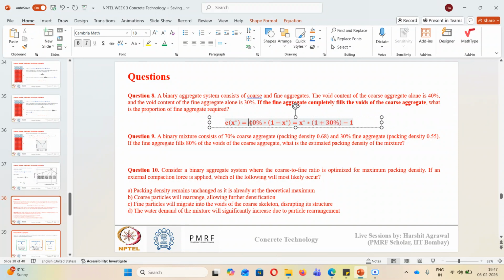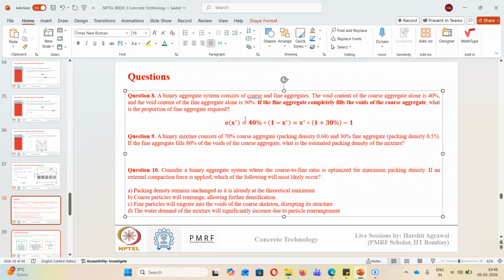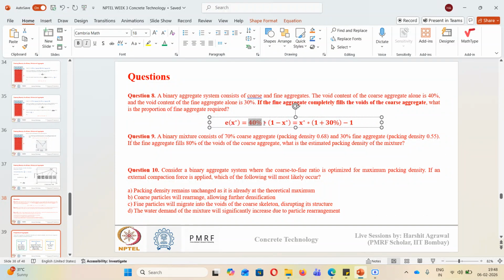So when you solve this equation, when fine aggregate completely fills the voids between coarse aggregate, then whether we add A to B or we add B to A, I will achieve the same void percentage. So it will be optimized when both these lines intersect.